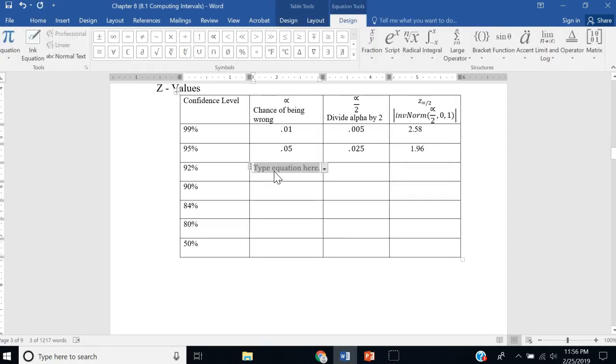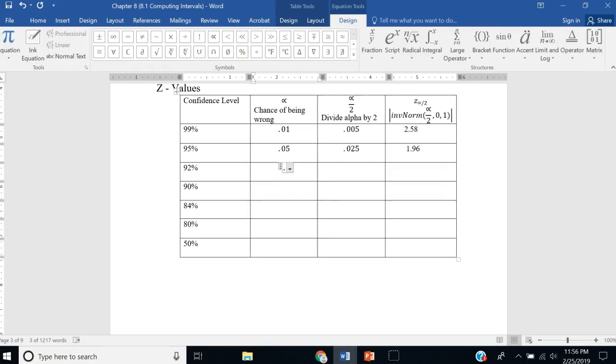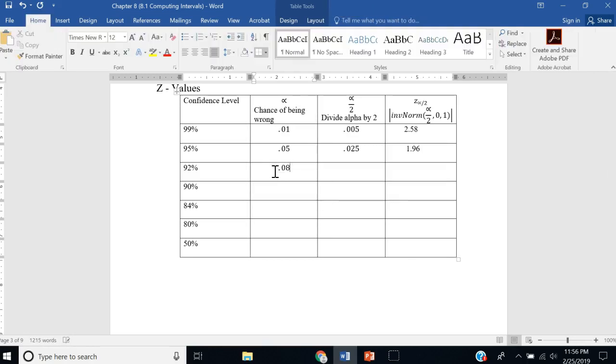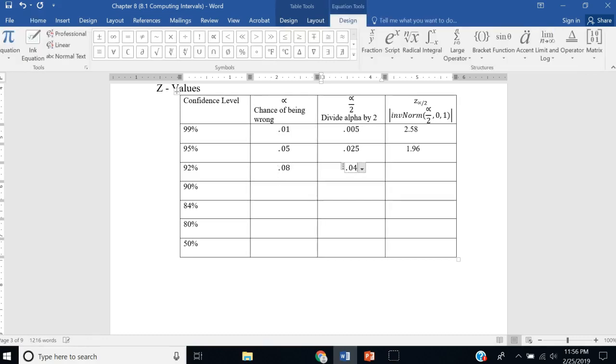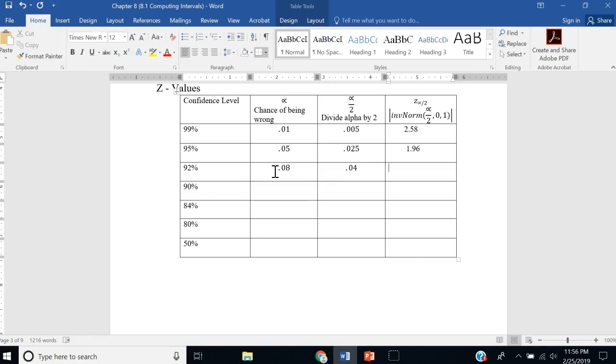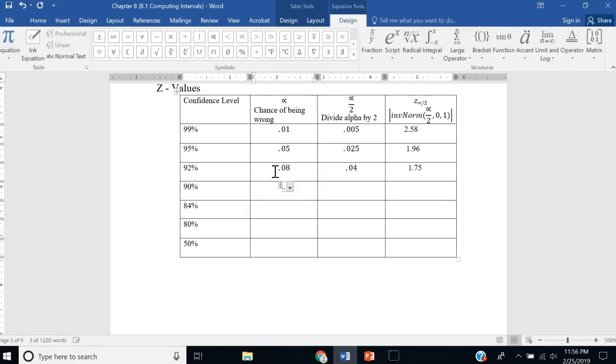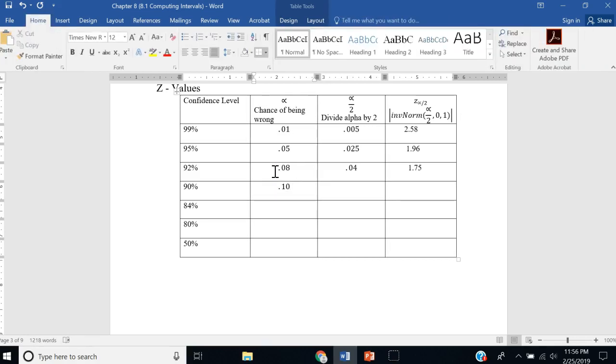So for the 92% chance I get it right, I have an 8% chance I get it wrong. That means each tail is size 0.04, and then I take inverse norm of 0.04, and I got a z value of 1.75. 90% chance we get it right means I have a 10% chance I get it wrong.